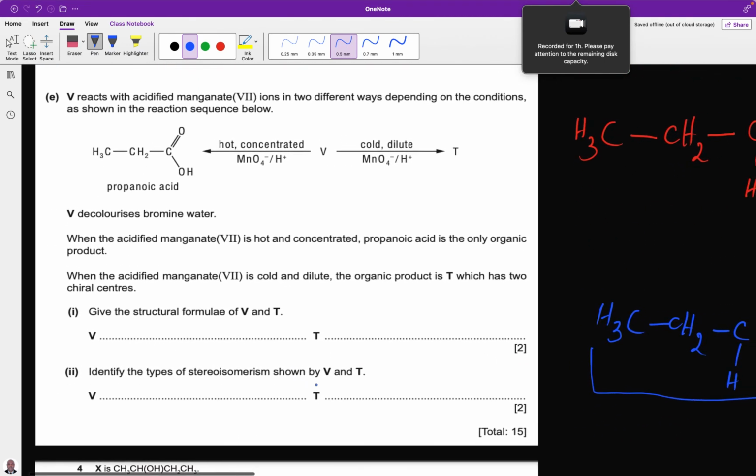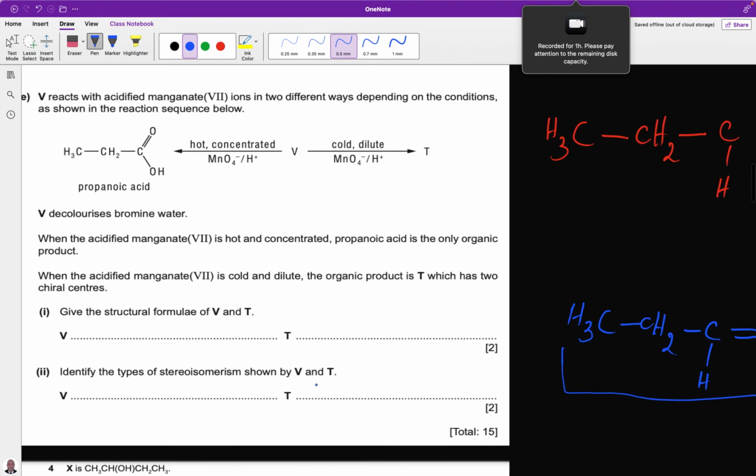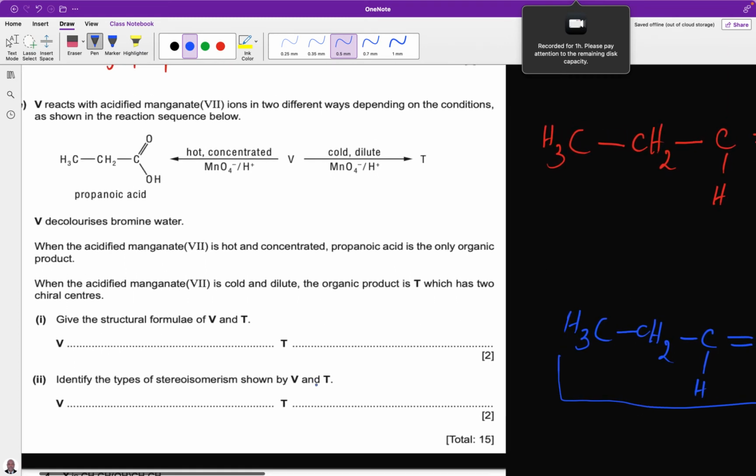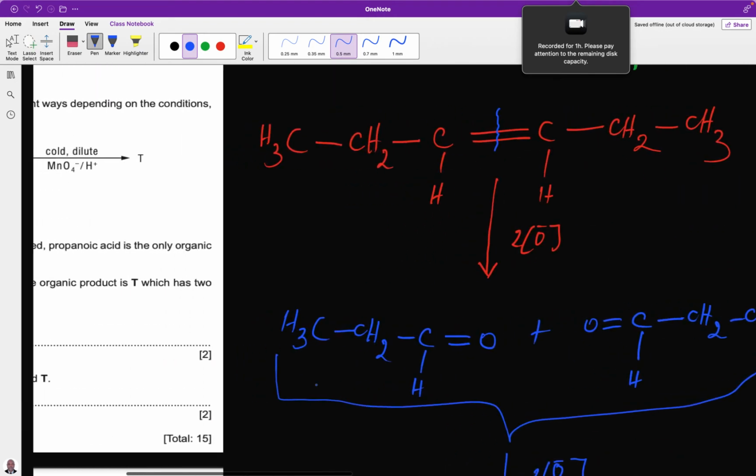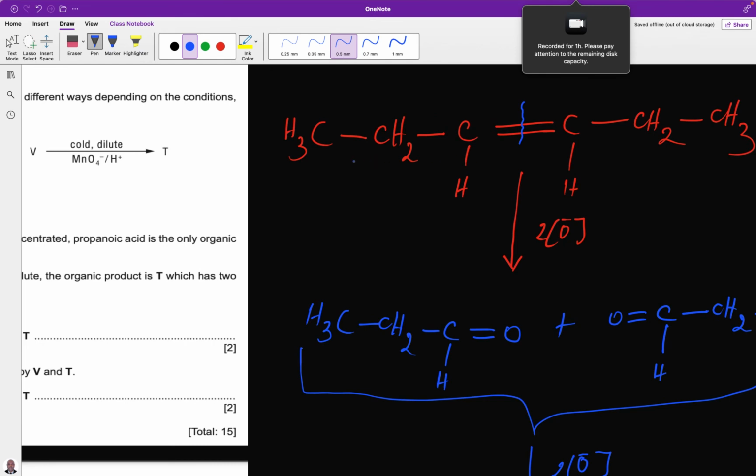Now, our question now is, give the structural formula of V and the T. And V is what? The structural formula for our V will definitely be from here. This is our structural formula for V: CH3, CH2, CH double bond CH, CH2, and CH3.